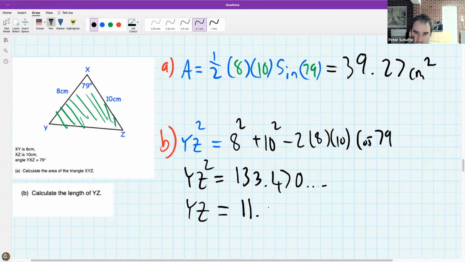So we're going to get 11.55 units. Okay, so that's basically saying that this length over here is 11.55.